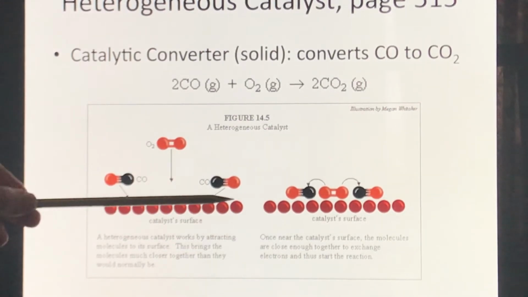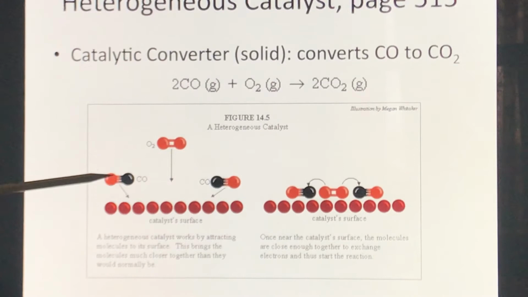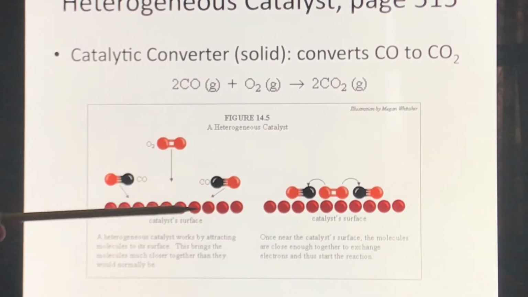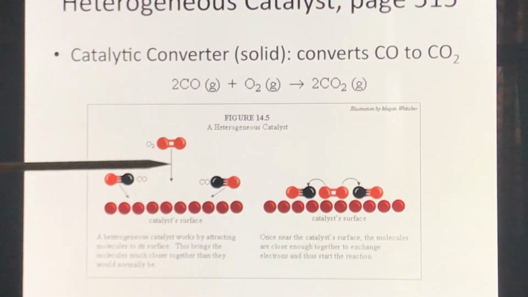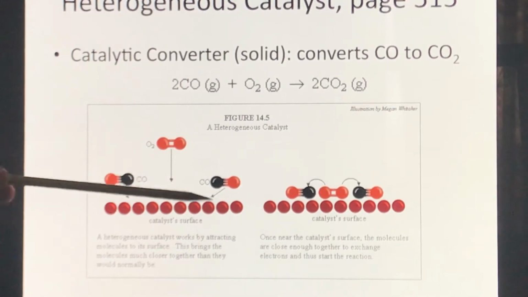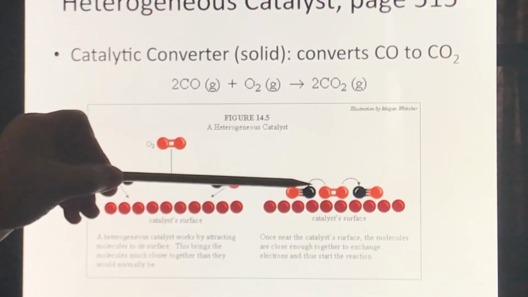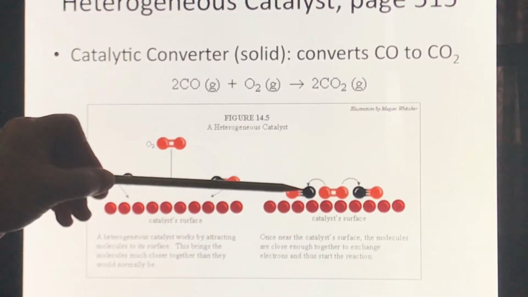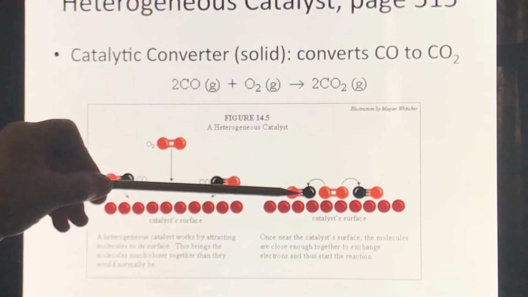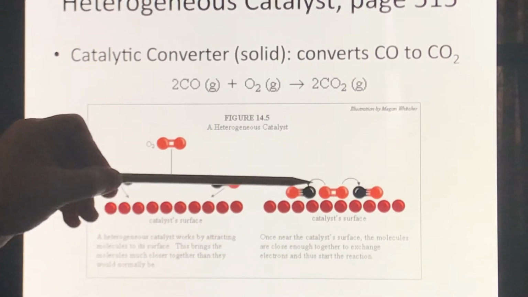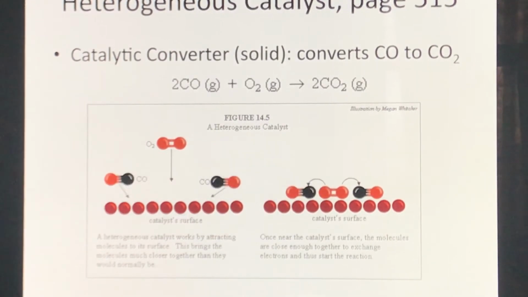Well, what the surface of the converter does is it draws in these carbon monoxide molecules, it attracts them in addition to the oxygen molecules, and then the oxygen atoms are then attracted to the carbon, forming then the carbon dioxide, and the O2 is split up.